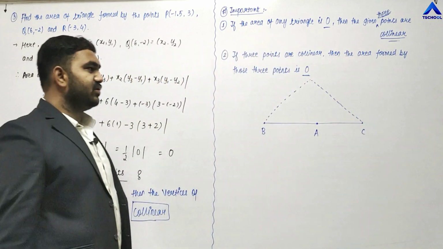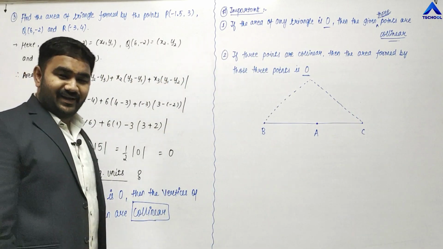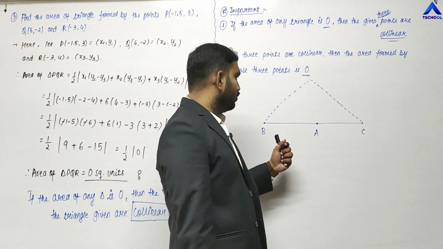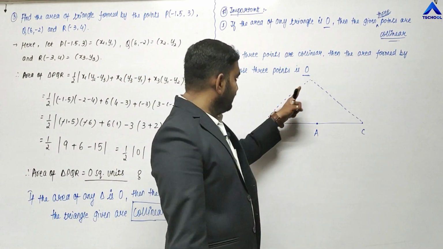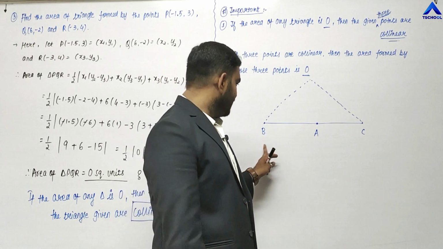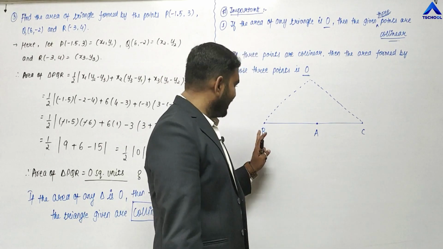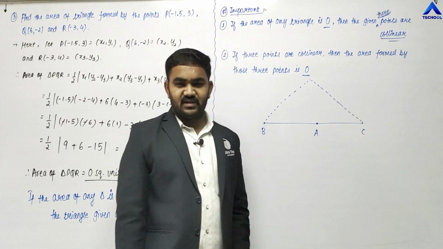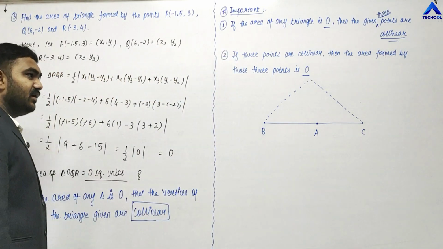It should be like this, so as to form a triangle, but the area is 0. So if the area is 0, then this point here will now be on this line, and hence you can say that A, B and C are collinear as B dash A dash C. They will be collinear.